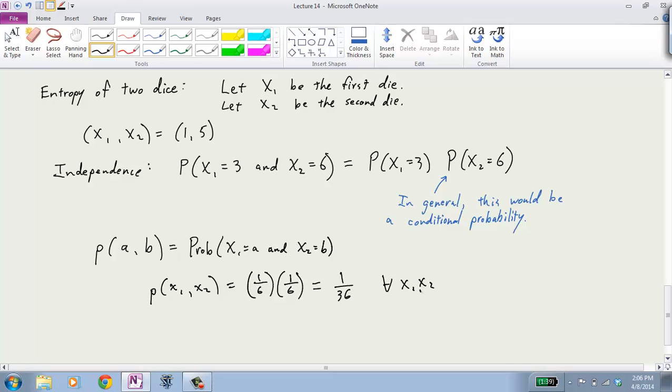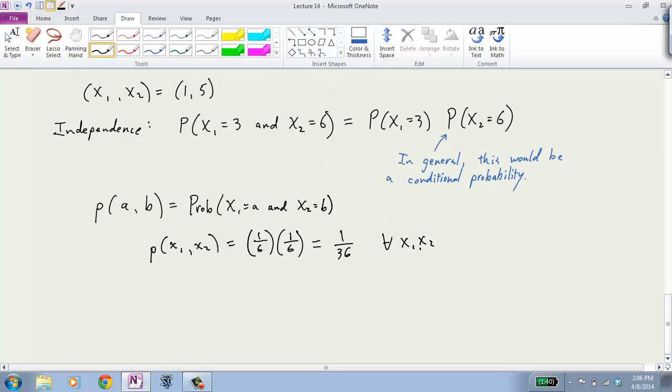You know, they're in the numbers 1 through 6. Does this make sense? So it's pretty straightforward stuff. If you roll 2 dice, the chance of seeing a 2 and a 6 is 1 over 36. The chance of seeing a 5 and a 1 is 1 over 36. Chance of seeing a 0 and a 3 is 0. Okay, because you can't have a 0. All right.